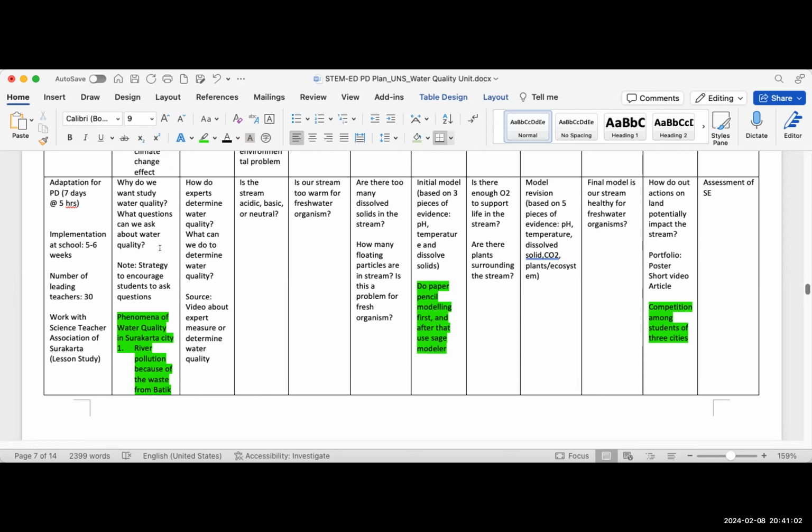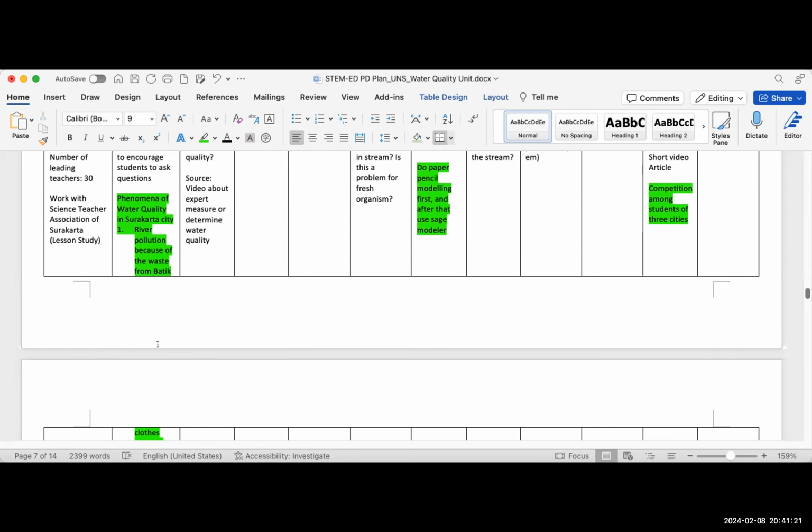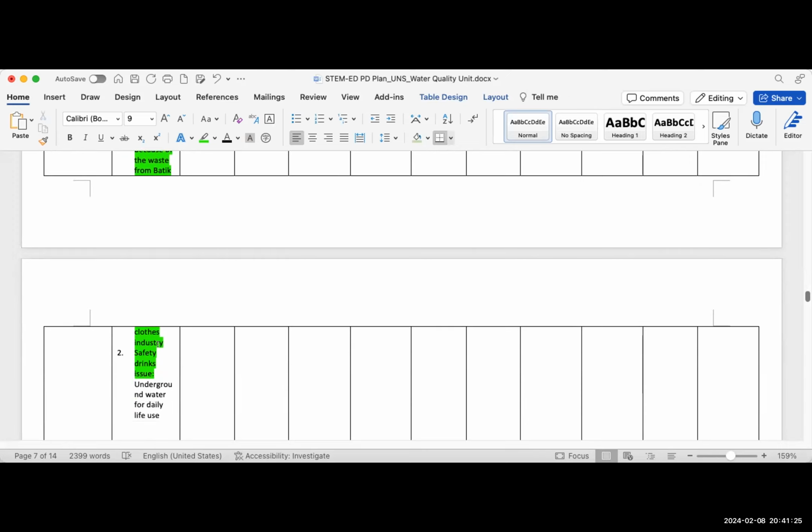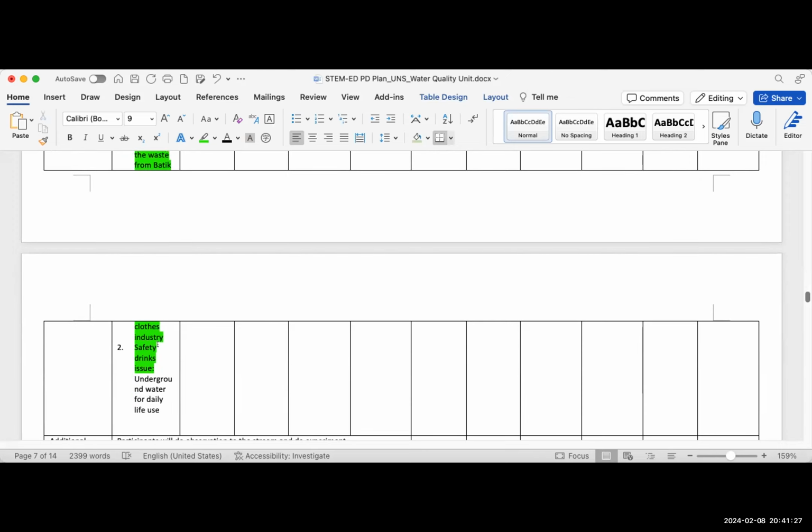But this part goes directly to the water quality lesson unit. The phenomena we will introduce in Surakarta are the river pollution from the waste of the batik clothes industry, and safe drinking water issues, because some households in Indonesia use underground water for daily life.